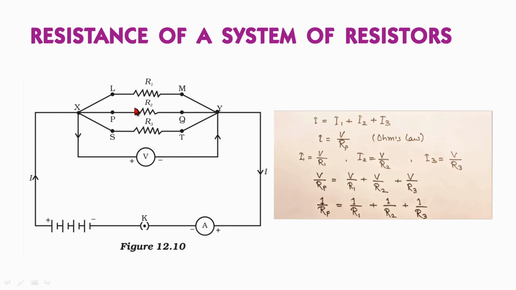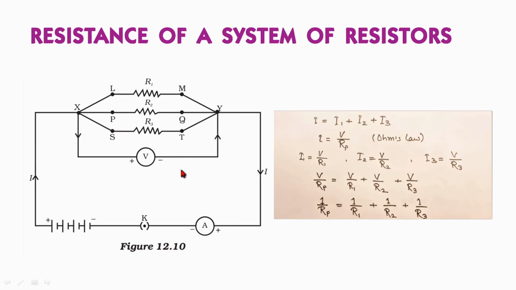But now there are two alternate routes open for the traveling electrons. You can follow the example: if there is only one narrow path, you have to travel through it. If you find another two paths, you will feel at ease going through. You have two alternative paths now, R1 and R3. So the resultant resistance will be much lesser than the individual resistors, because electrons have alternative paths to travel.